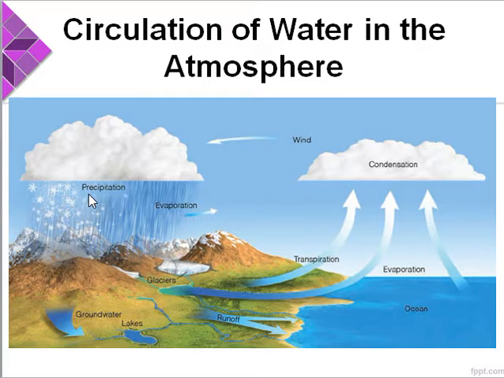If the precipitation falls into an ocean, the water begins its cycle again. If, on the other hand, the precipitation falls on a continent, a great deal of water returns to the ocean only after a complex journey.